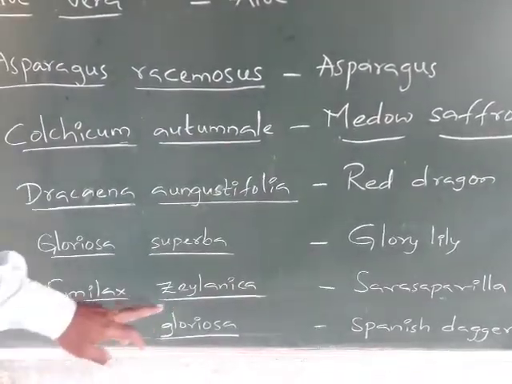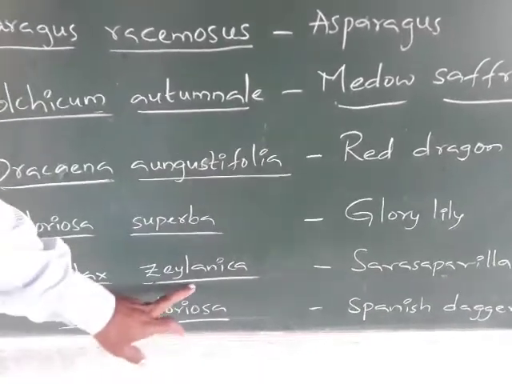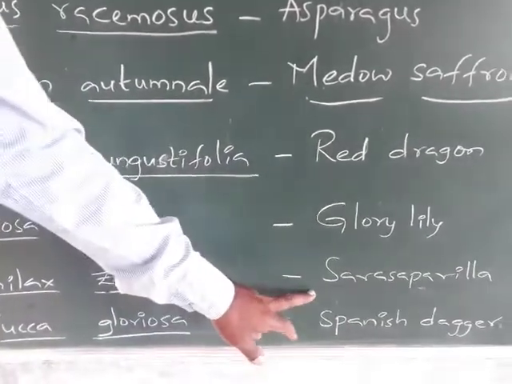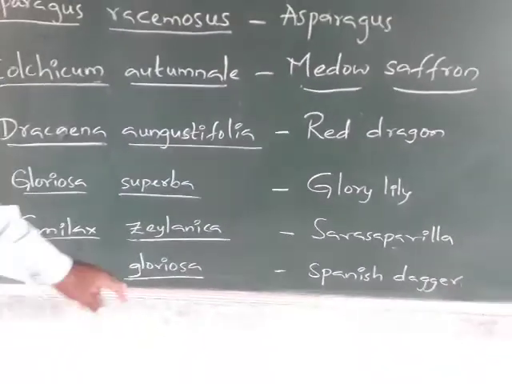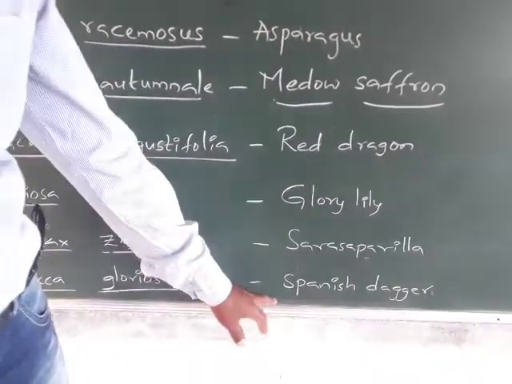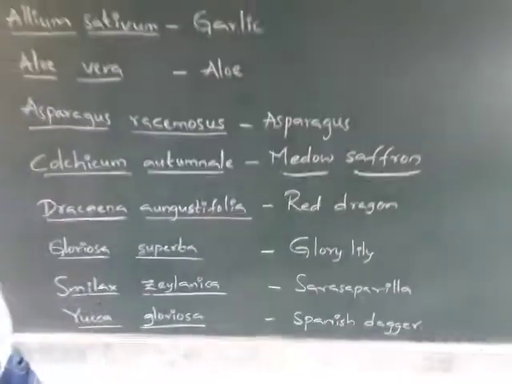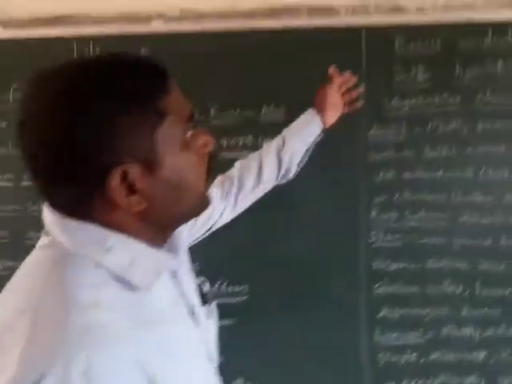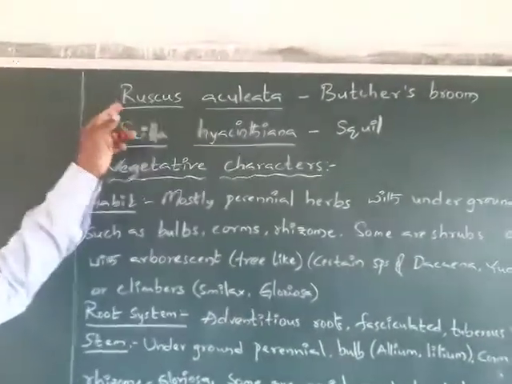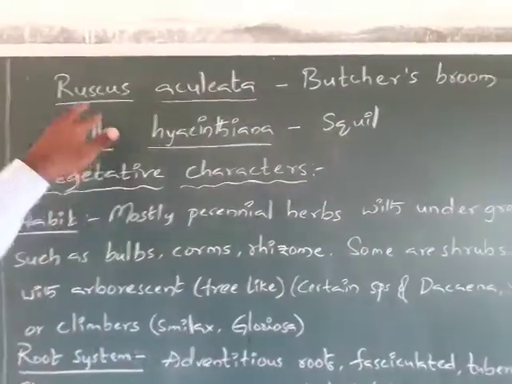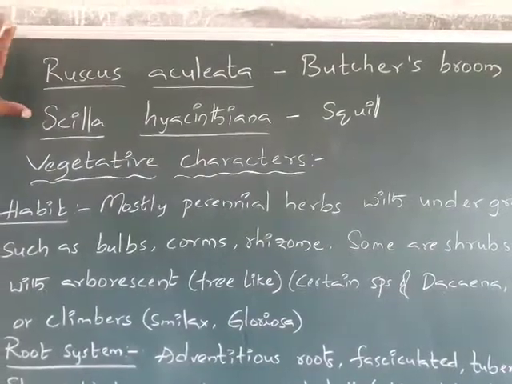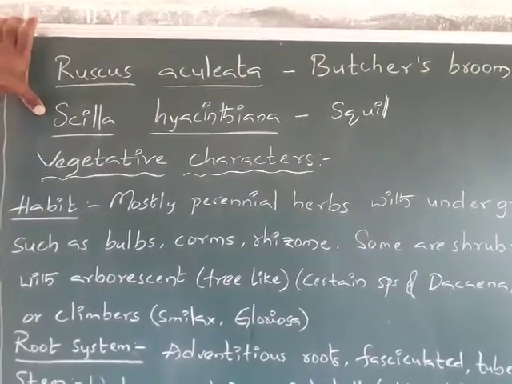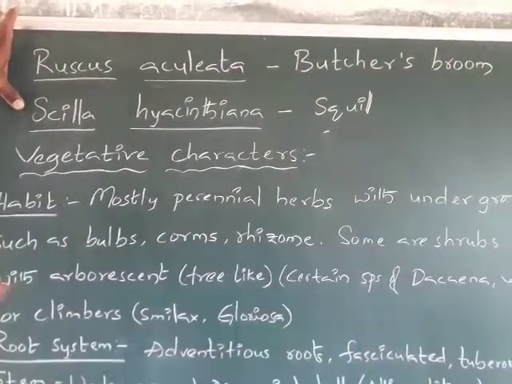Smilax zeylanica is commonly called sarsaparilla. Yucca gloriosa is commonly called Spanish dagger. Ruscus aculeata is the witch's broom. Scilla hyacinthiana is commonly called squill.